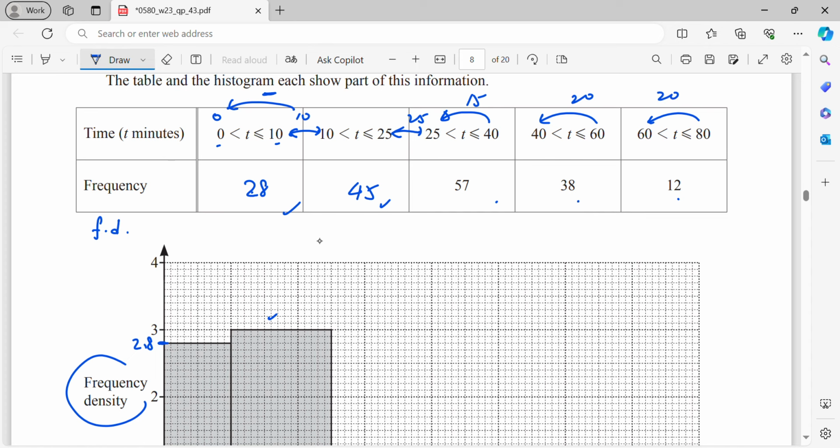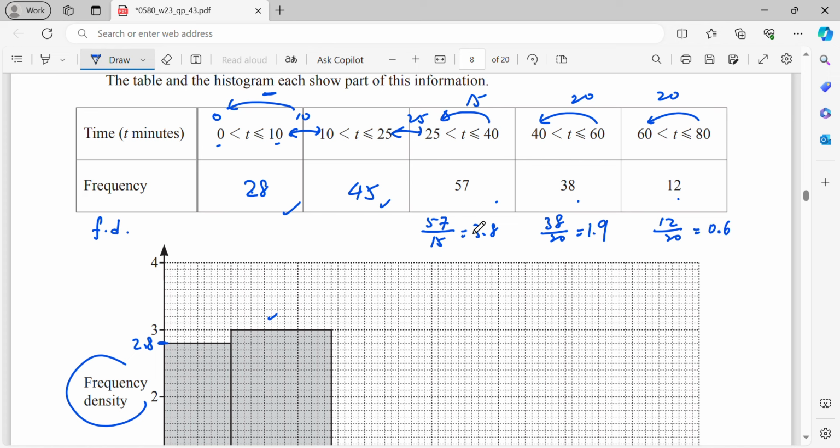So my frequency density for the third class is 57 over 15, which is 3.8. The next one is 38 divided by 20, that is 1.9. Lastly, 12 divided by 20, that is 0.6. All these are the frequency densities.